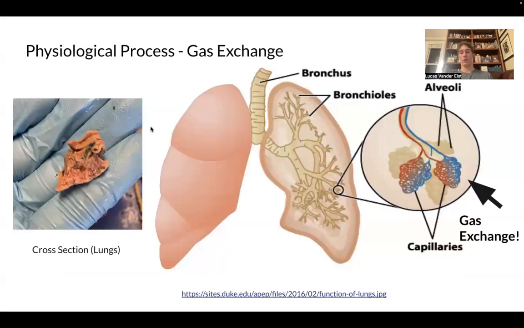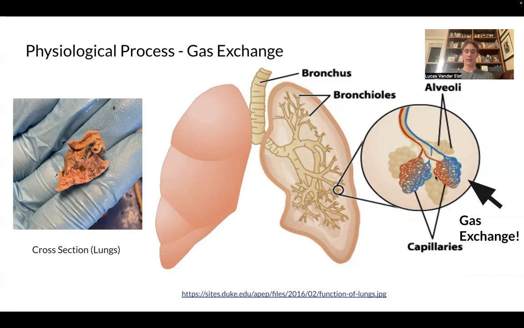So now to talk a little bit more about what's inside the lungs. Here we have a cross section, so you can see the air going through over here. It comes down from the trachea into the two bronchi, and then here are the bronchioles I was talking about before. Inside, the lungs are made up of little sacs called alveoli.